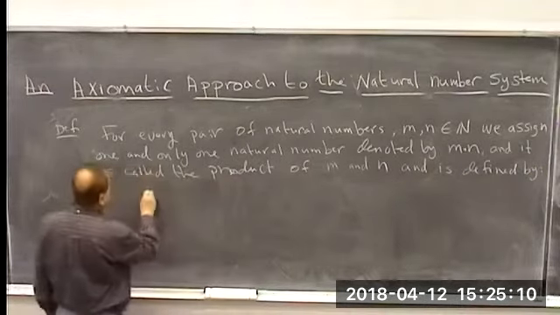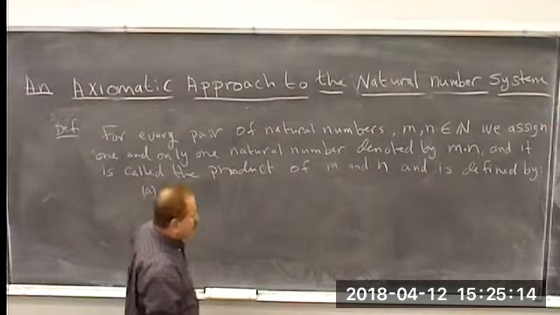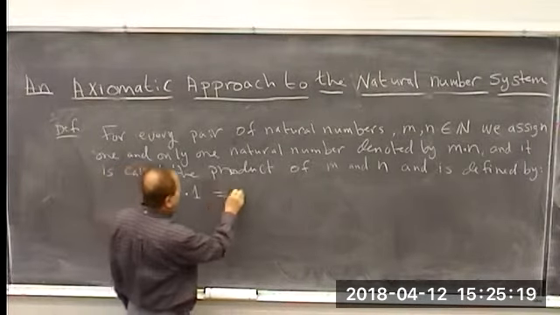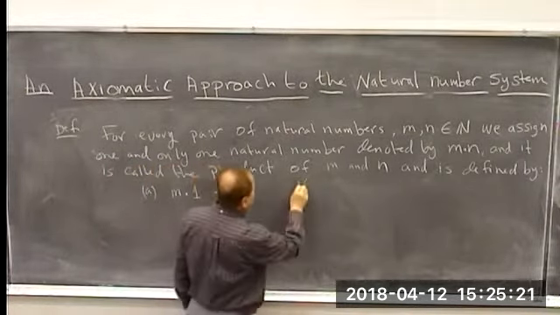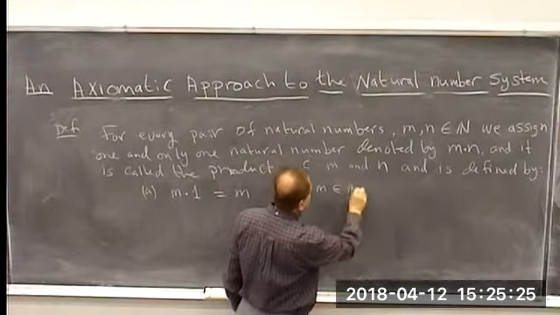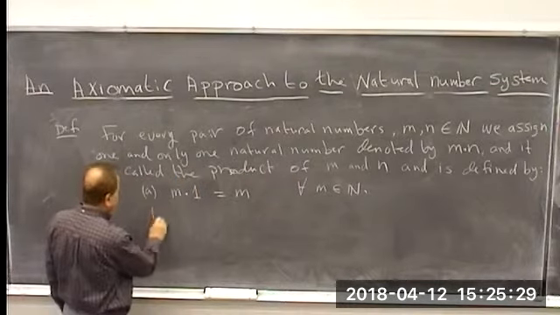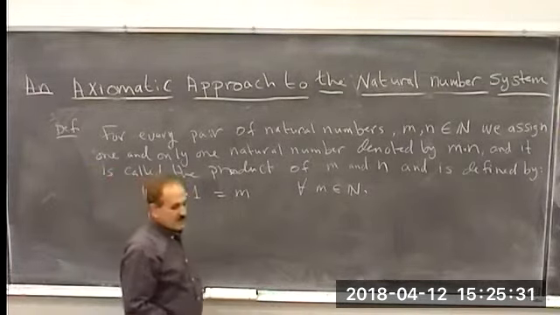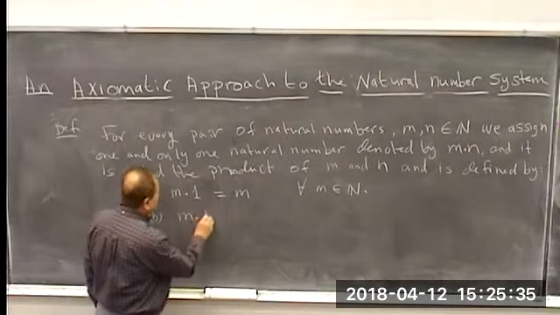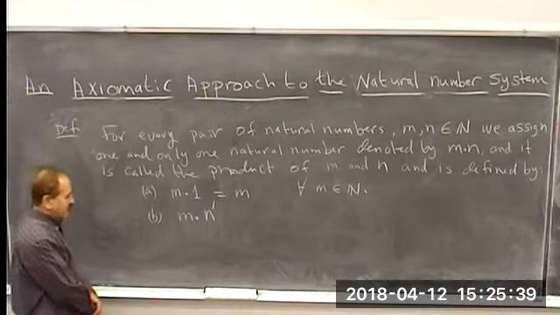Here, first one, we're going to take m multiplied by 1 is equal to m for every m and n. Second, we want to define what we mean by m multiplied by a successor of n.